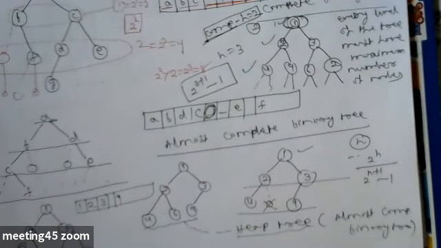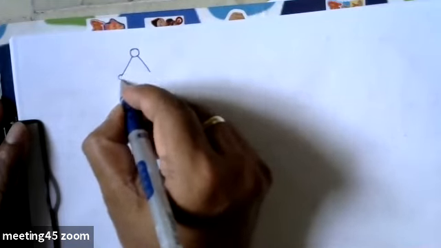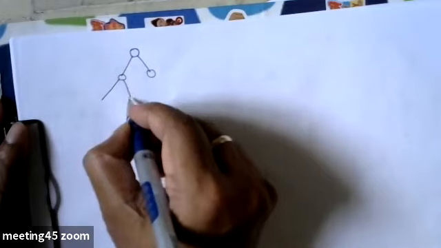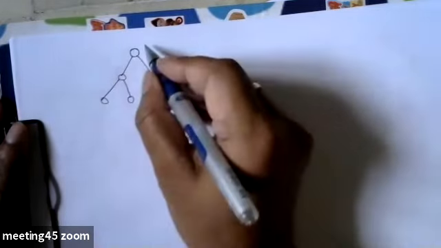Okay, I understood. So what he has told, again I'm explaining: with a height h almost complete binary tree, like this only they will ask the question. Let's take height 3. What are the possible cases? Height is this. Okay, this is 2 height.